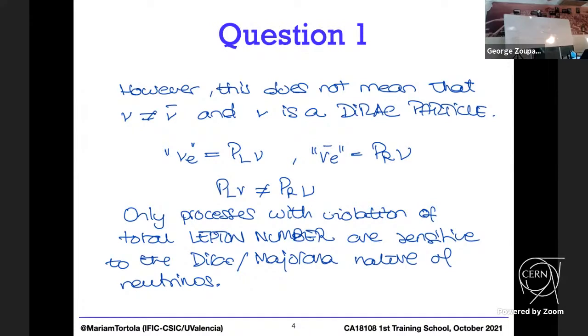Yeah, because in the Majorana case it will be the same. You will have different projections of the same field. And then the projection you have, the right-handed, doesn't work for this process.